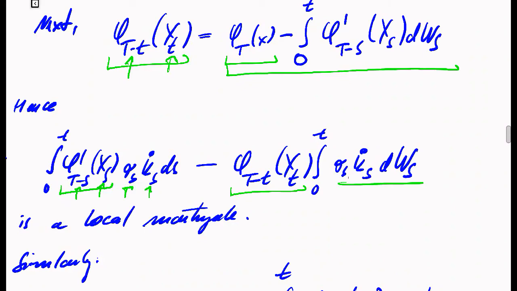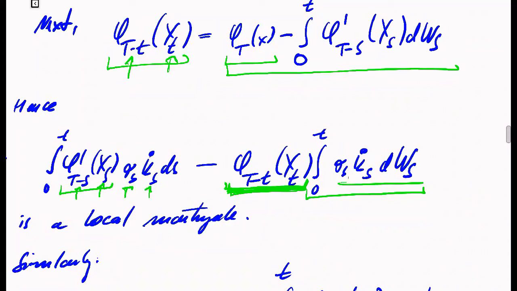What we have here is, this one here is by the formula above a local martingale. This component here alone is a local martingale. This component here is also a local martingale. So what we find here is the product of two local martingales, which we evaluate at time t.